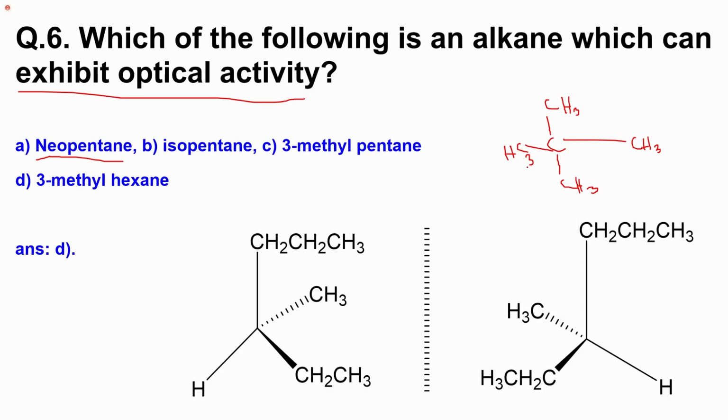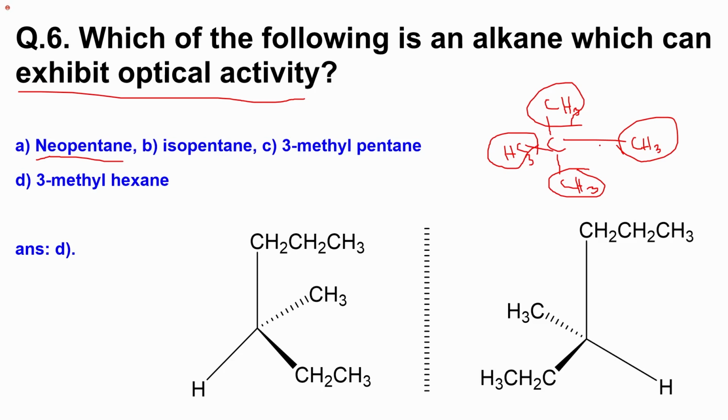If you see the CH3, the carbon has four arms, and here the four arms are exactly the same. So that's why it is not possible to show any optical activity, because the first criterion to show optical activity is that the carbon should be attached to four different atoms or groups.